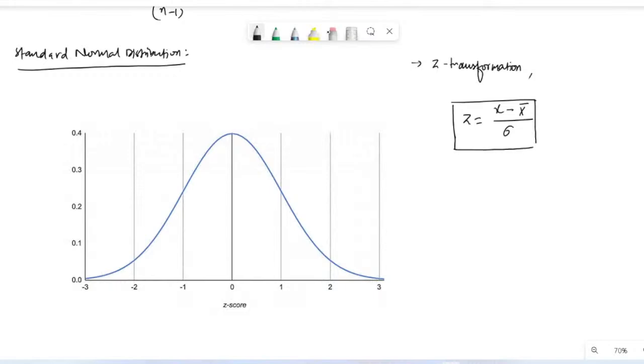So sigma is the standard deviation of the sample. Xi will be your observed value or observation.